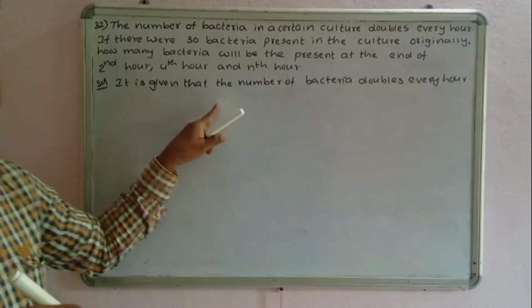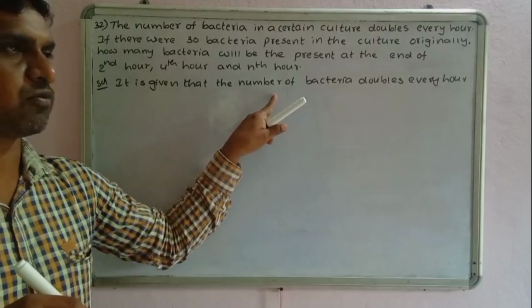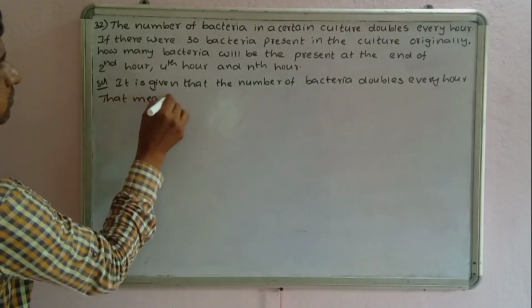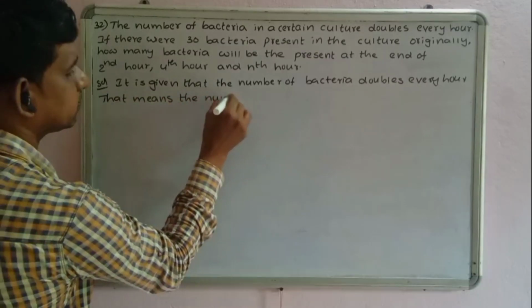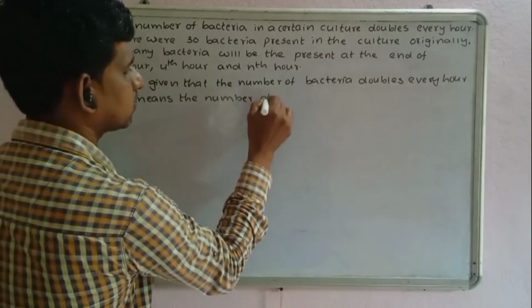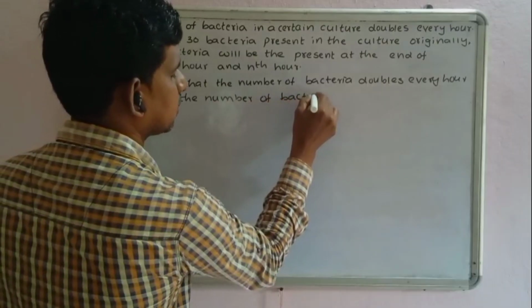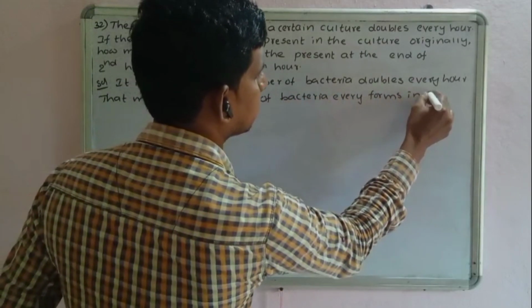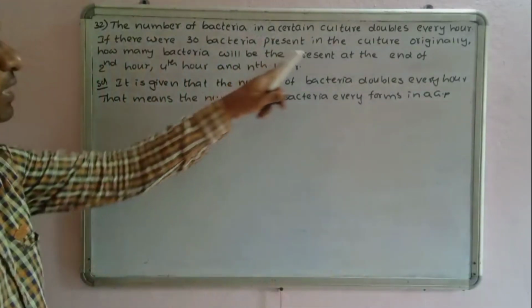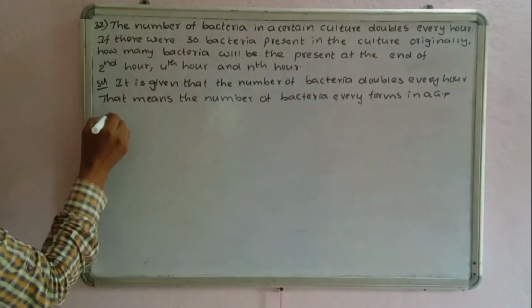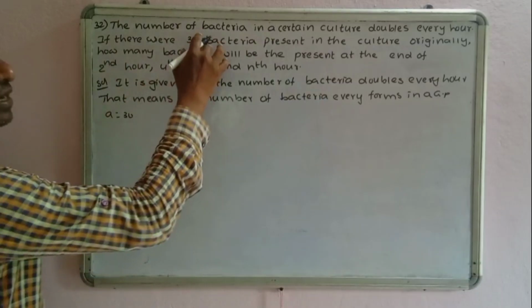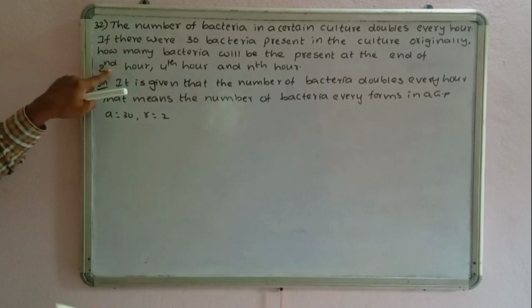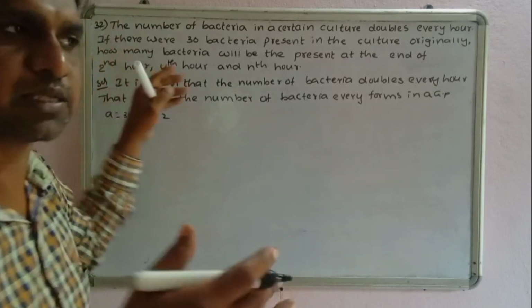The number of bacteria after every hour forms a GP. Initially, how many bacteria are there? 30 bacteria. So a equals 30. Every hour it increases double, so r equals 2. So now I want after the second hour.